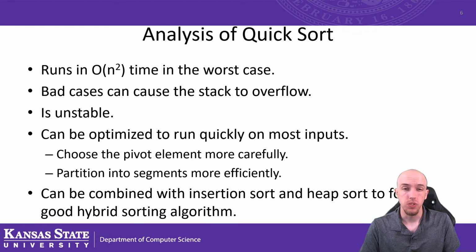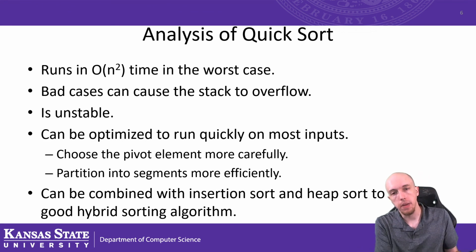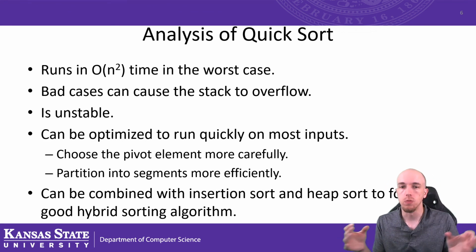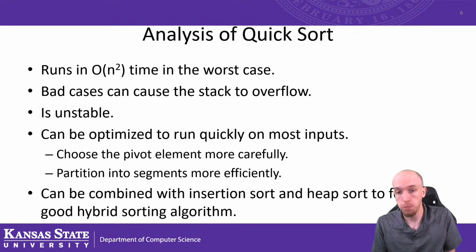If we choose a pivot point that causes the collection to be segmented more efficiently, such that our segments are mostly equal in size, quicksort is actually very good and pretty quick. So in our next lab, when we create our hybrid sorting algorithm, quicksort will be used again, but supplemented with some of the other sorts that we've covered already.